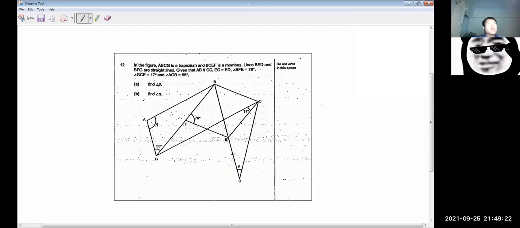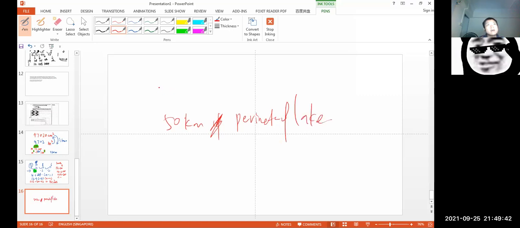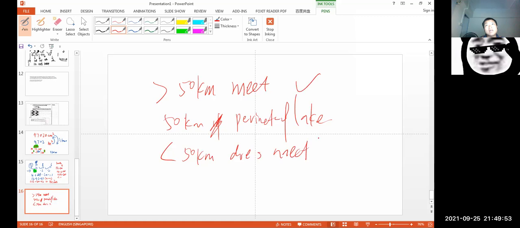So as long as it's more than 50 kilometers, it meets. As long as it's less than 50 kilometers, it does not meet. You should answer it like this.